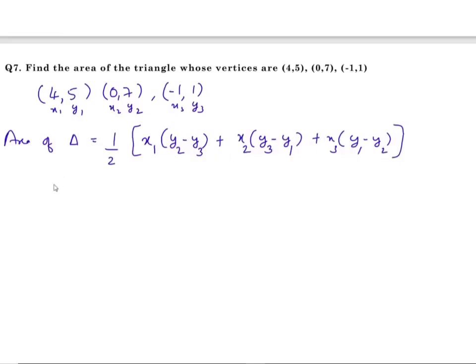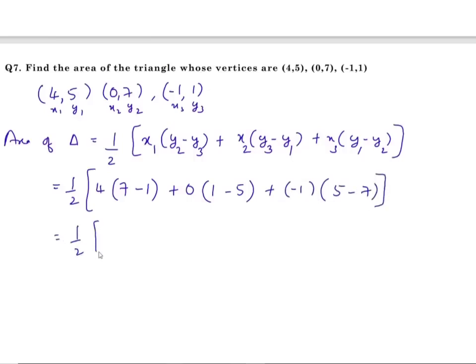Now substitute the values of x1, y1, x2, y2, x3, y3. Half into x1 is 4, y2 is 7, minus y3 is 1, plus x2 is 0, y3 is 1, minus y1 is 5, plus x3 is minus 1, y1 is 5, minus y2 is 7.